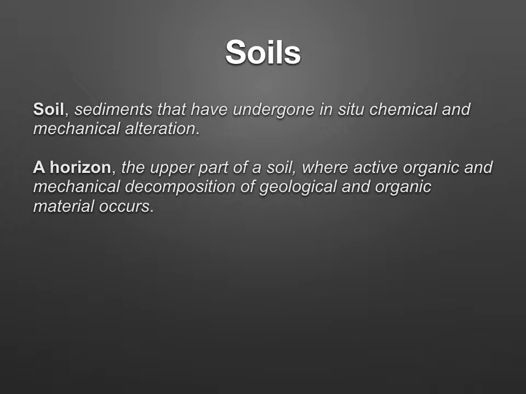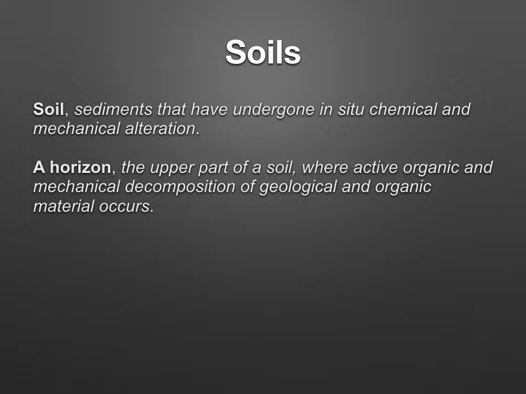The uppermost part of a soil is the A horizon. The A horizon is usually the horizon that is most impacted by rodent and burrowing activity. It's defined here as the upper part of a soil where active organic and mechanical decomposition of geological and organic material occurs. It's typically the darkest part of a soil horizon.